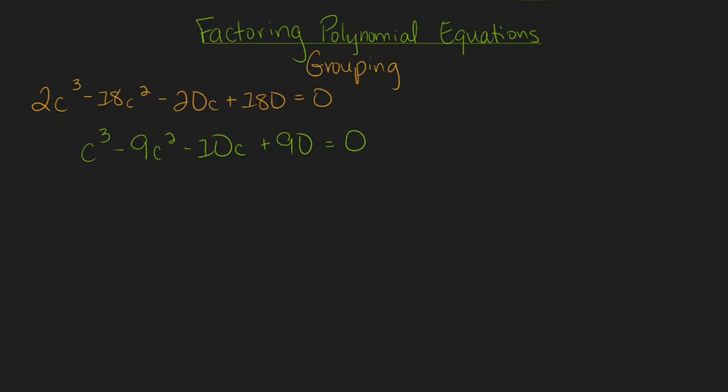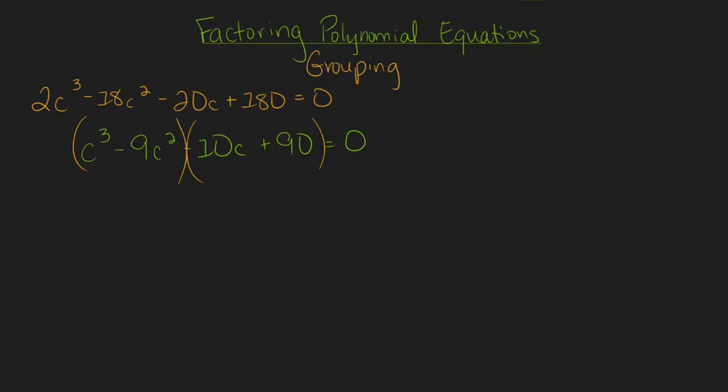Now in factoring by grouping, we need to use two groups of 2 terms and take out the greatest common factor of that group. I'll take a look at the groups c cubed minus 9c squared and negative 10c plus 90. It's important that any signs travel with the terms that come behind them, telling us the signs for those terms.